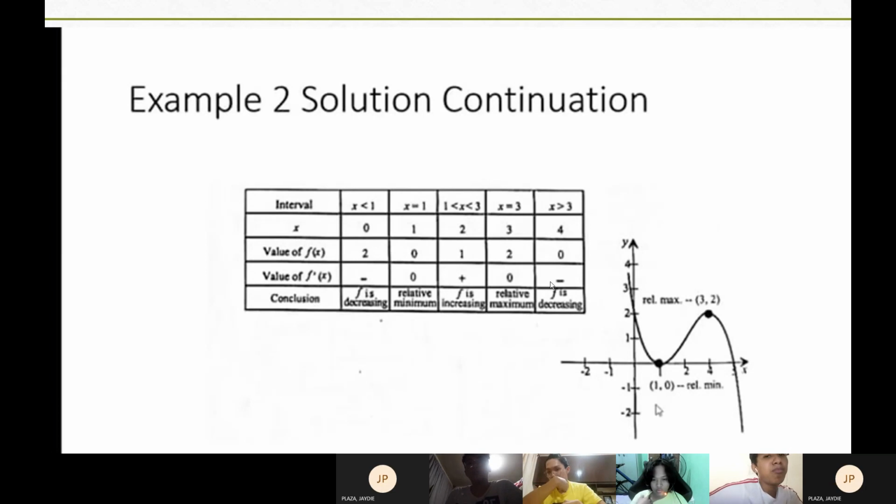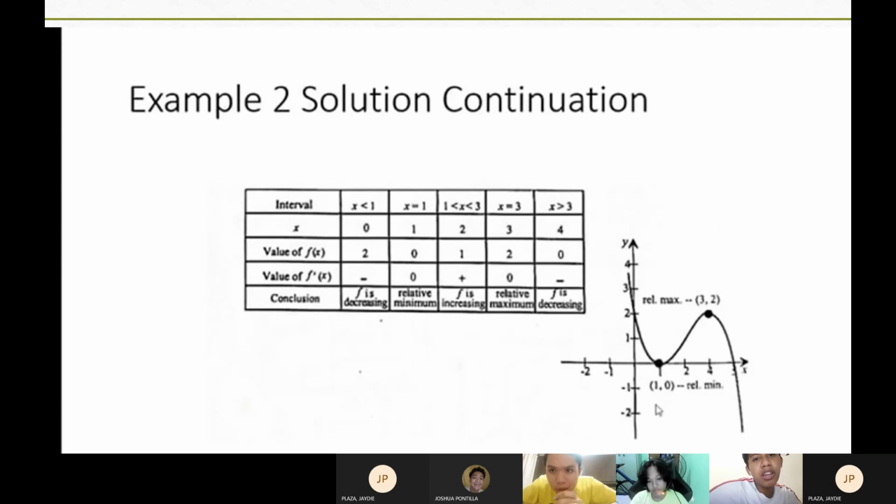So, doon na tayo sa graph. Ang x sub 1 natin is 1, kaya nag-start siya sa mababa, doon sa 1. Then, nung sinubstitute natin siya 0, kaya 1 tapos 0. Yun yung relative minimum natin. While yung relative maximum natin, yung x sub 2 natin, 3, while nung sinubstitute natin yan sa formula, ang kinalabasan, 2.